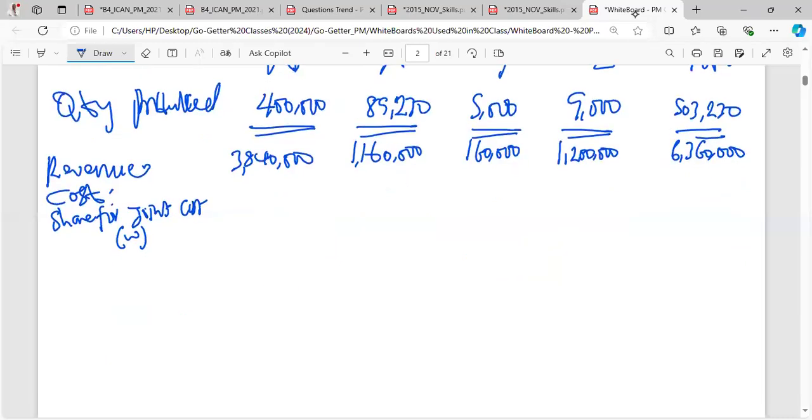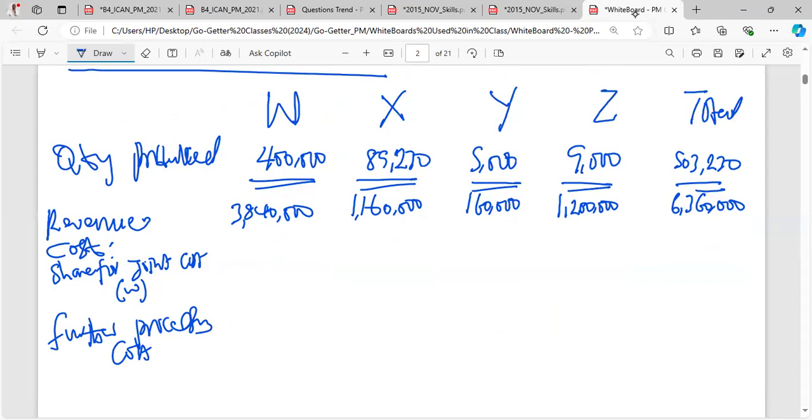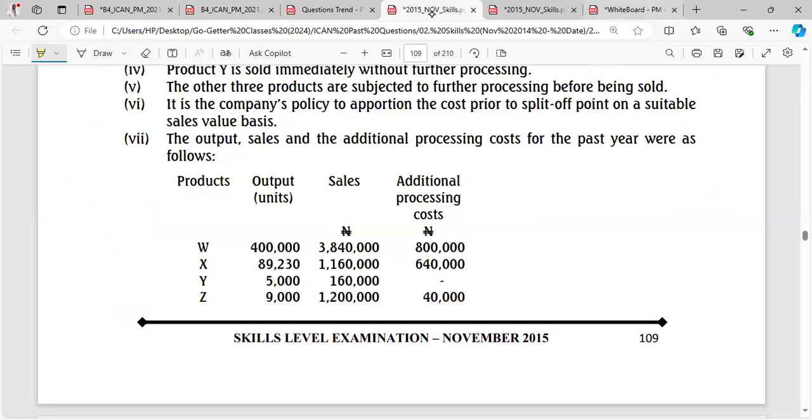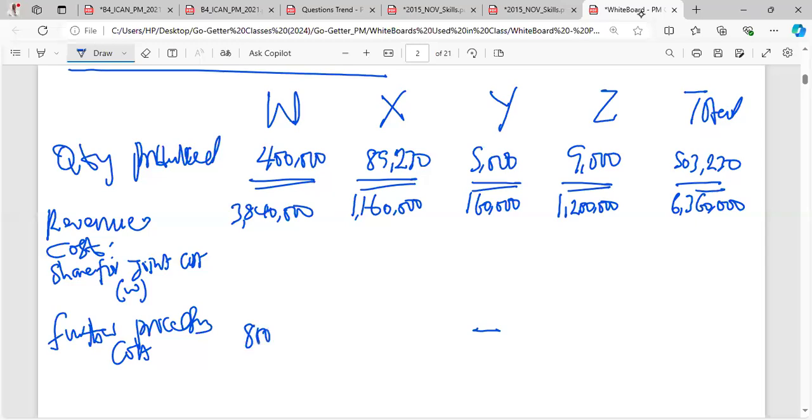Then there's another cost, further processing costs. We were told that Y doesn't have any, it was sold off immediately. So let's see the other ones here: 800, 640, and 40.